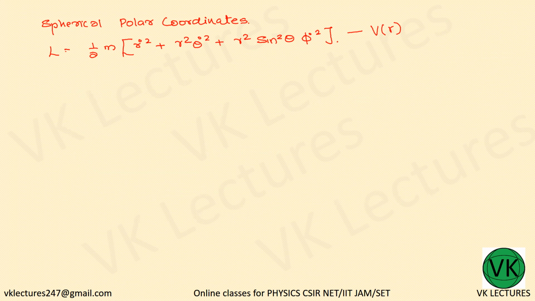So this is the equation of motion corresponding to theta. Now coming to the third generalized coordinate, that is phi, we can write the equation of motion d by dt of dou L by dou phi dot minus dou L by dou phi equal to 0.